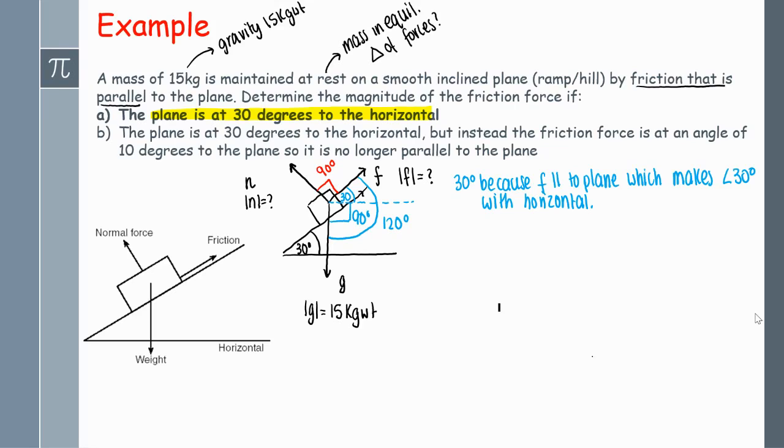Now we have two angles here and one magnitude of our force. This means we have enough to draw in our triangle of forces, because again, this object is in equilibrium. I'm going to start with gravity. Then I'm going to add on our friction force, and then I'm going to add on our normal force.